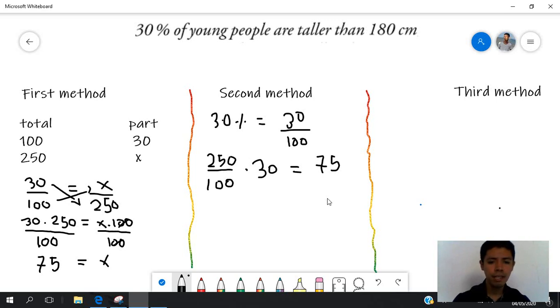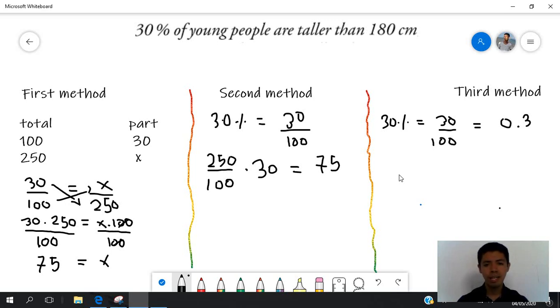In our third method, we can associate the percentage to a decimal number. How so? Well, if 30% is equal to 30 over 100, then 30% is equal to the decimal number 0.3.